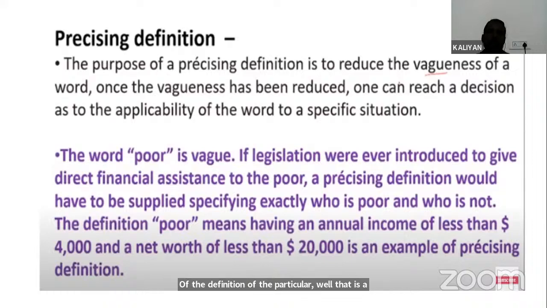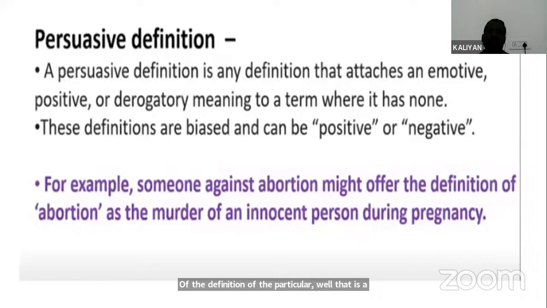And a persuasive definition is any definition that attaches an emotive, positive or derogatory meaning. So it is basically an emotive, positive or derogatory meaning.